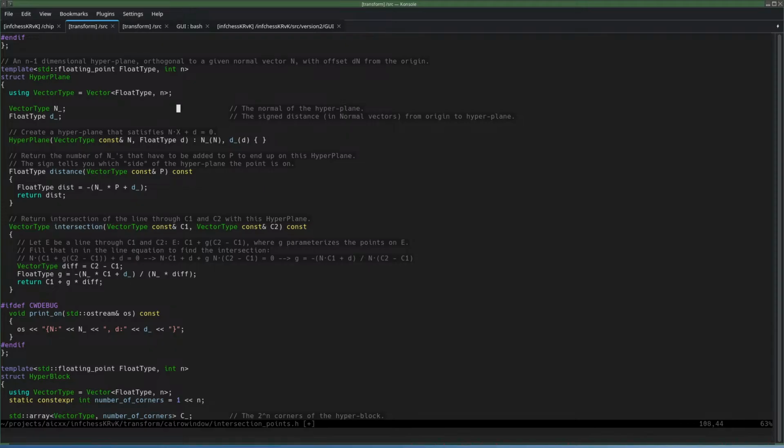And if d is non-zero, then if x points in the same direction as n, and n is a normal which is a unit vector, then this gives you the length of x itself.